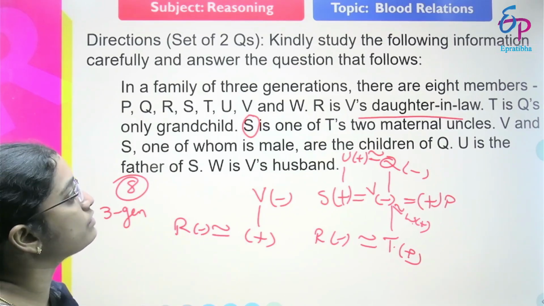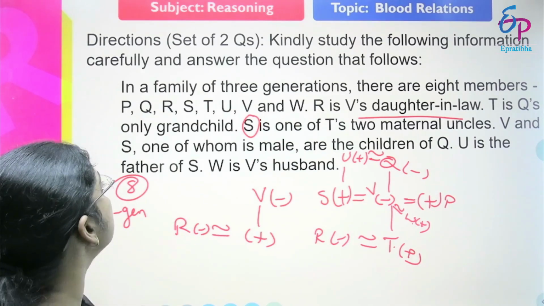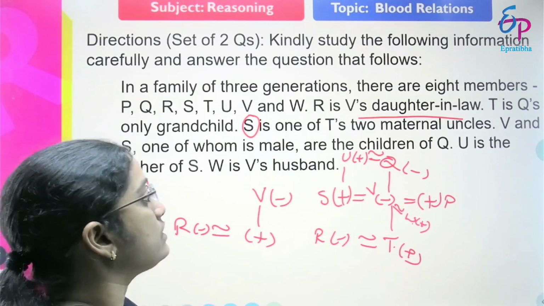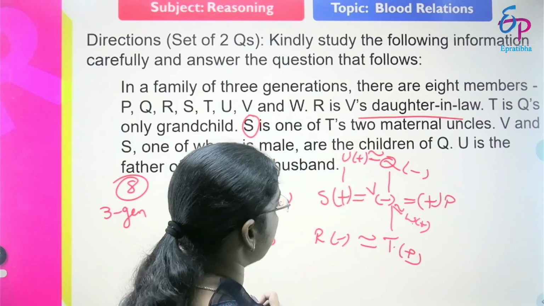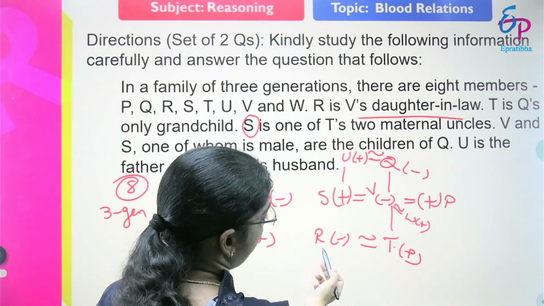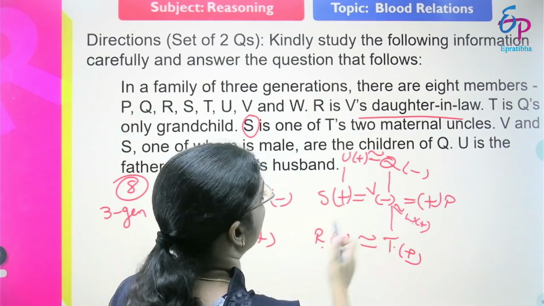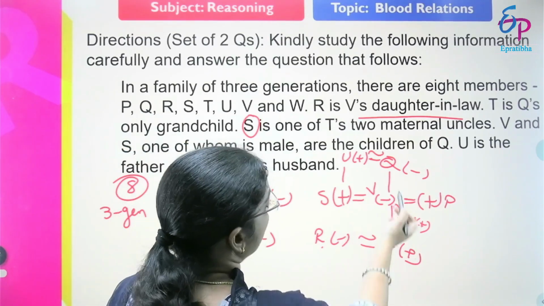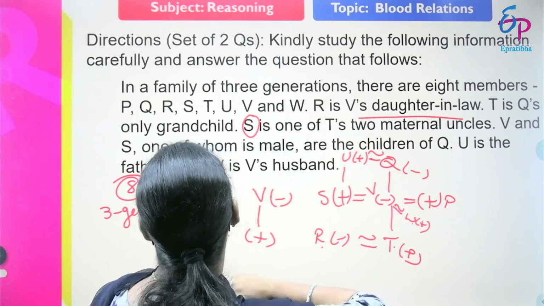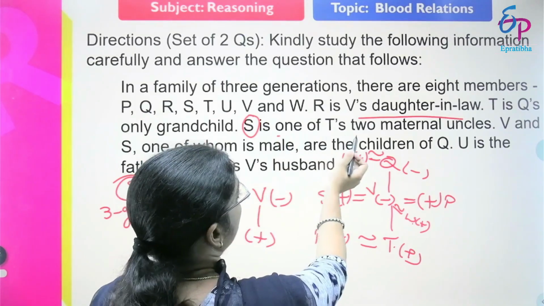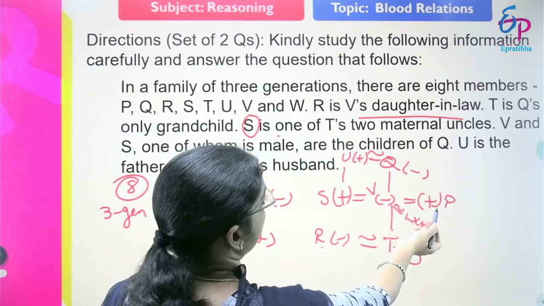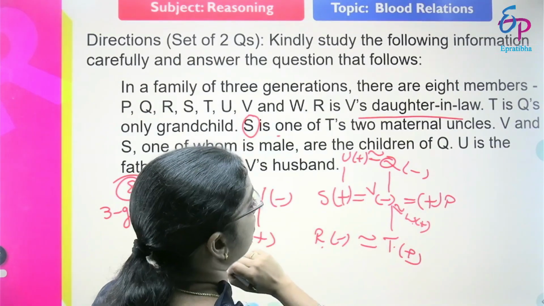In a family of 3 generations there are 8 members, P, Q, R, S, T, U, V and W. R is V's daughter-in-law. T is Q's only grandchild. S is one of T's 2 maternal uncles: T has 2 maternal uncles, S and P, and S is one of those 2.